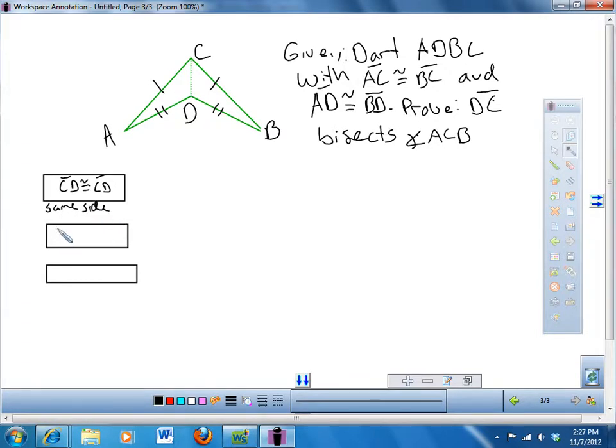AC is congruent to BC. Nice. AC is congruent to BC, and what's the reason for that? Nice, given. See, you're getting these proofs. What's next there, Haley? What's next, Sam?